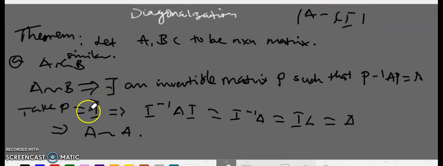So instead of P inverse, it becomes I inverse of AI, which is equal to I inverse of A, and that will simply give us IA, which simply means A. So A is simply similar to A. Okay, let us see if A is similar to B.